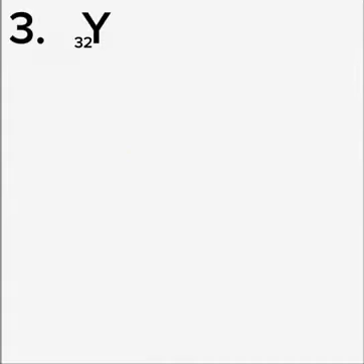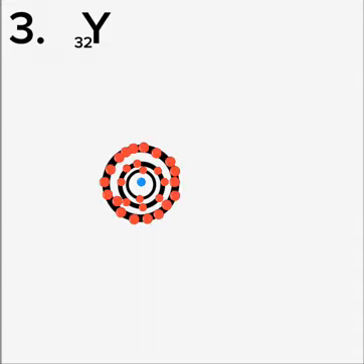Lastly, number 3, Y32. First we draw our nucleus, then we draw the first shell and assign it 2 electrons, next is the second shell. We assign it 8 electrons, we also draw the third shell and assign it 18 electrons, since that's the maximum it can carry. Don't forget we were given 32 electrons in the question.